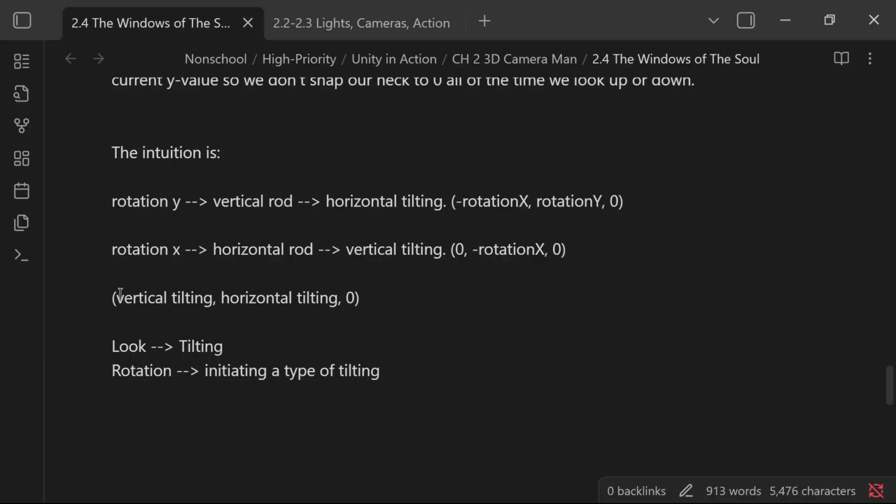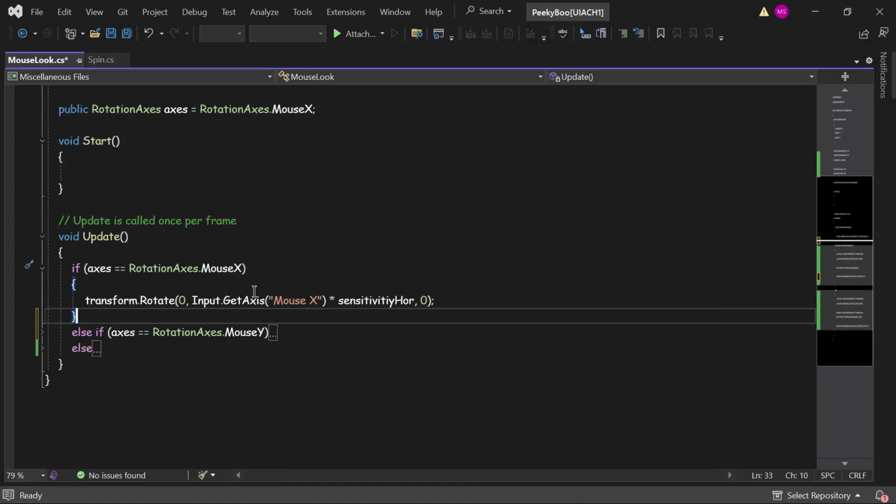So this is where rotation X is. We know rotation X means vertical tilting, and we know rotation Y means horizontal tilting. So that's why we have mouse X here, because we want horizontal tilting to happen.